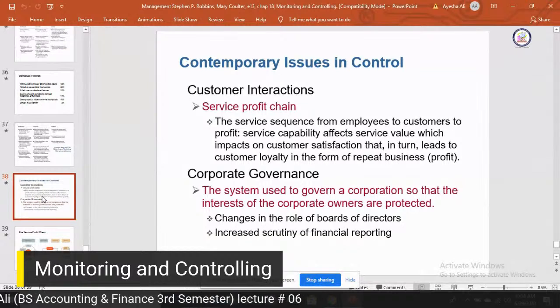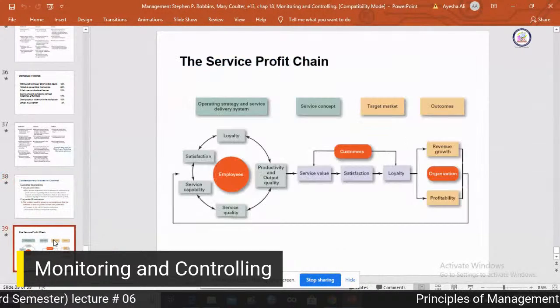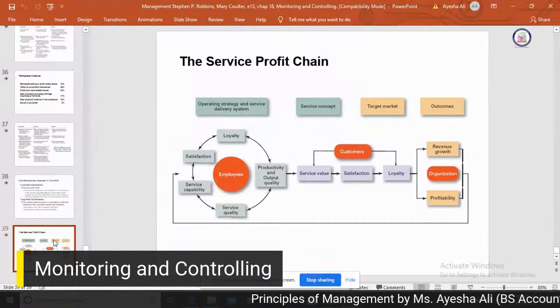Then we have the last one, the service profit chain, in which we have the employee.